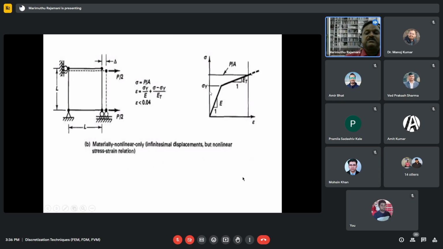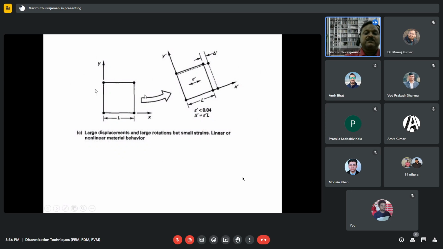And this is called elastoplastic, where after that it takes a different slope. Once it goes into this region, it will not come back to its original. It will come back parallel to the elastic line. This is called material nonlinear only.